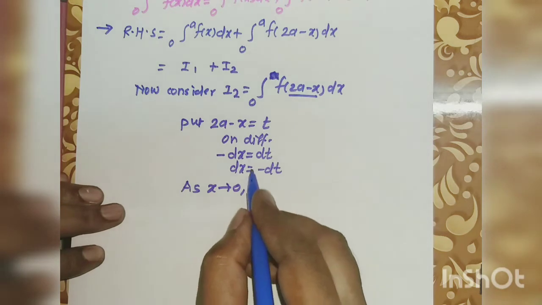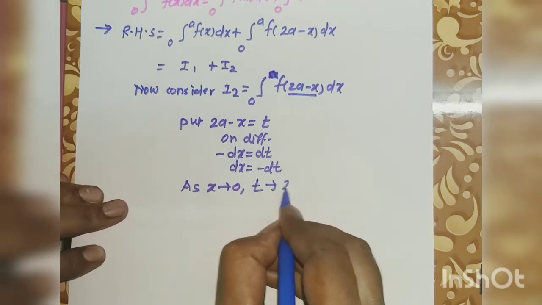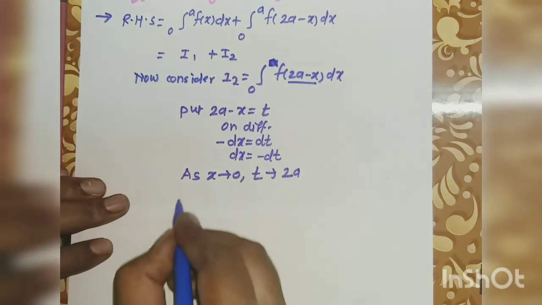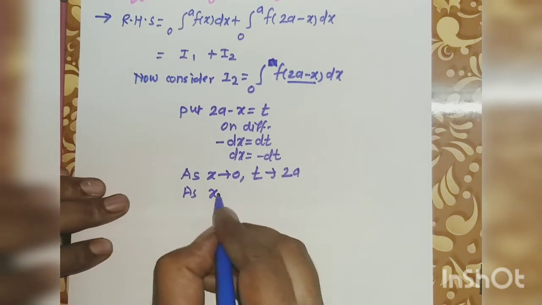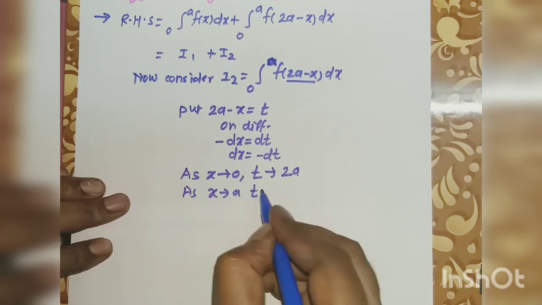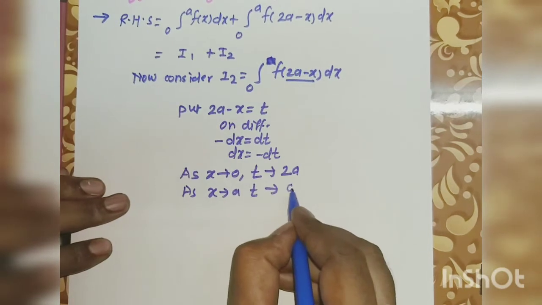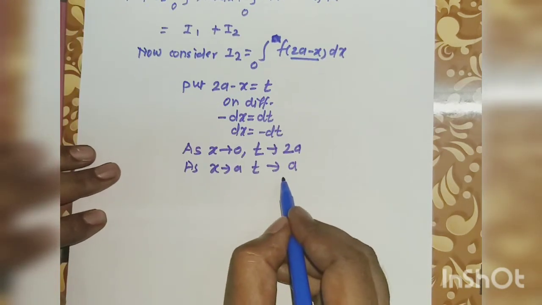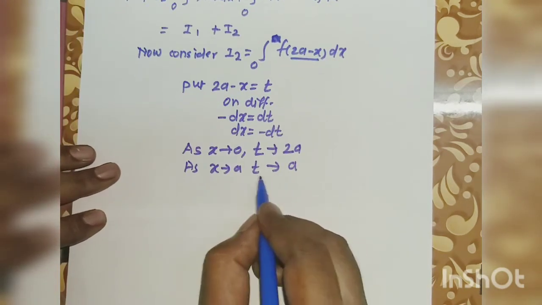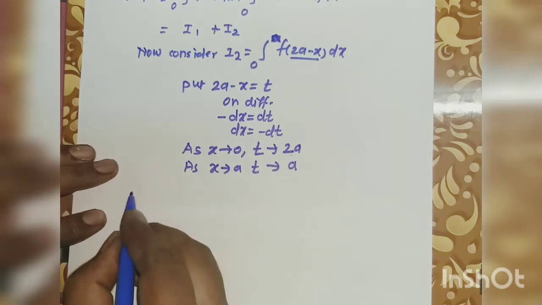Therefore, t tends to 2a. As x tends to a, t tends to 2a minus a, which is a. That means the new limits for the variable t are lower limit 2a, upper limit a.